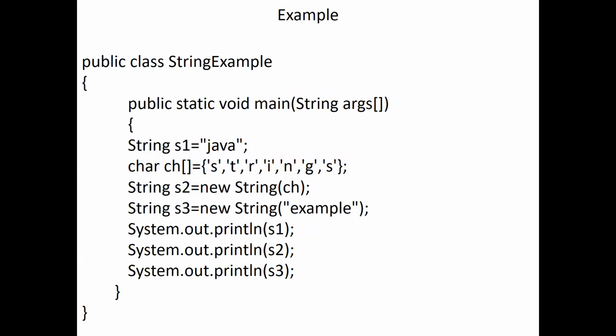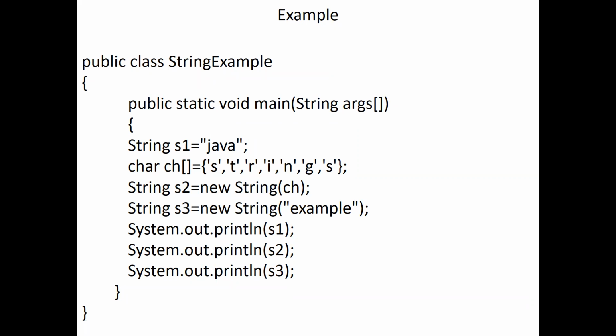Okay, understood? So these are the different ways to create a string. Here, string s1 is equal to Java, directly initializing. So this is a literal. As I mentioned already, a string is nothing but a sequence of characters, meaning an array of characters.